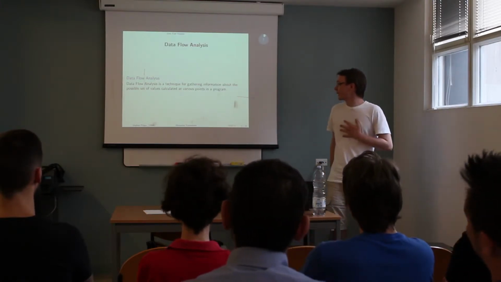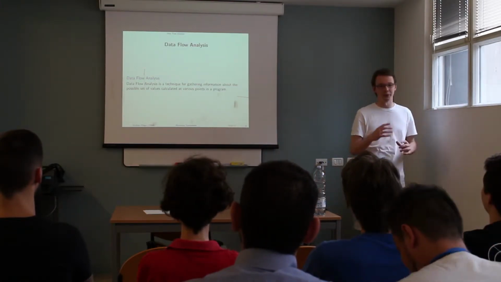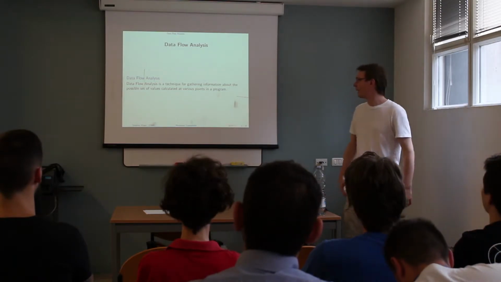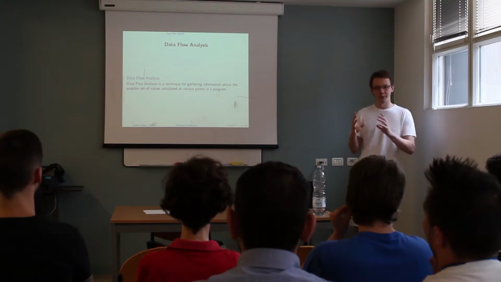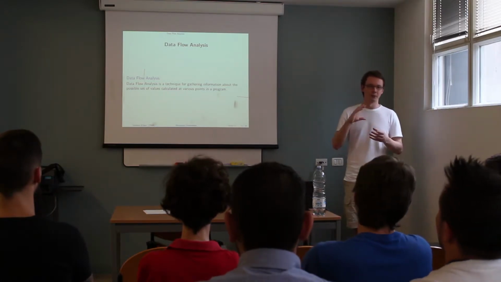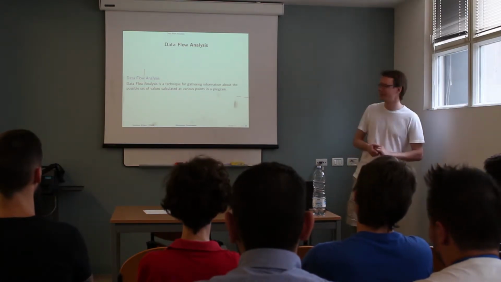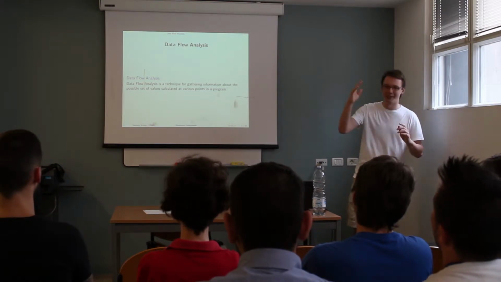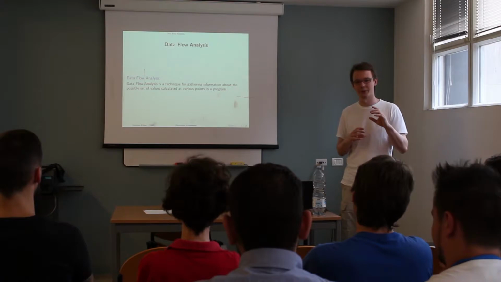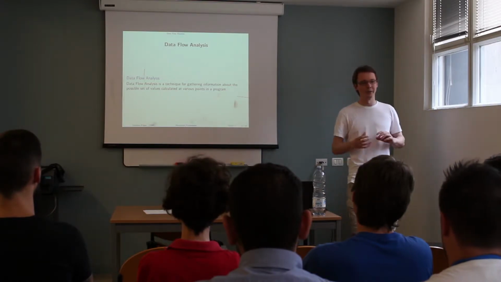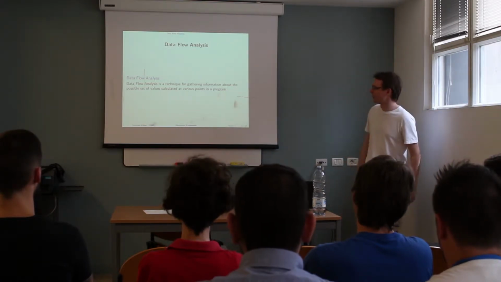Data flow analysis is a technique for gathering information about a possible set of values calculated at various points in the program. Various points means that you not only want the value of a variable at the beginning or the end, but most of the time it's also interesting to see what is in between, in the steps between.